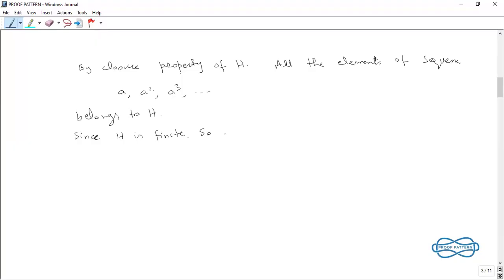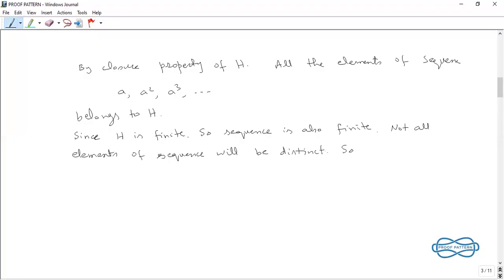So the sequence is also finite, or we can say not all elements of the sequence will be distinct.